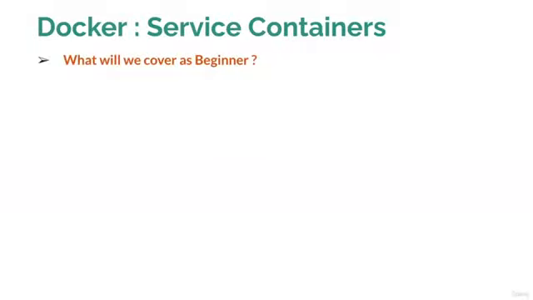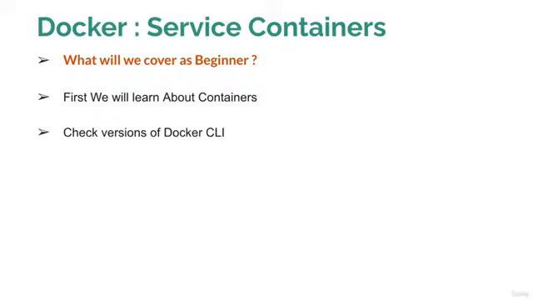As of now, we are beginners in Docker because we haven't seen Docker yet. I'm not sure if you have some experience in Docker, but I'm assuming that the people learning this course are beginners. So what will we cover as a beginner? Very first, we will learn about containers: what containers are and how we can initiate a container on Docker.